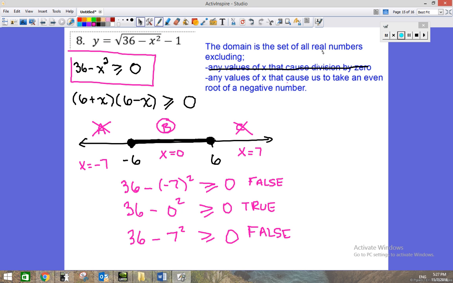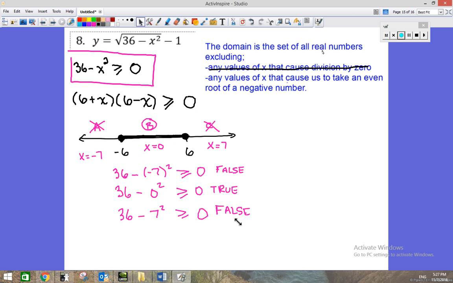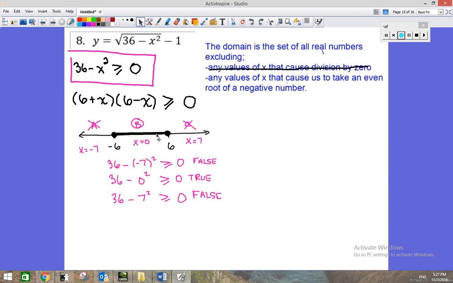So this time, by changing the order of subtraction, the test points in the middle work. So the values in the domain are negative 6, all the numbers between negative 6 and positive 6, and including positive 6. So that's my domain.